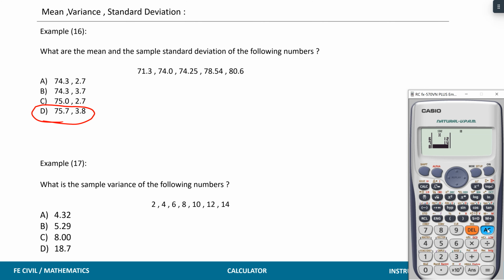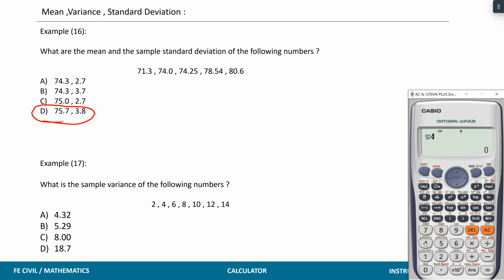I'm going to press AC, then go to shift stat. I press 4, which is VAR, and press 4 also, which is the sample standard deviation, but we want the sample variance.